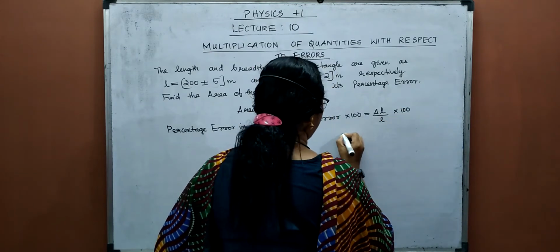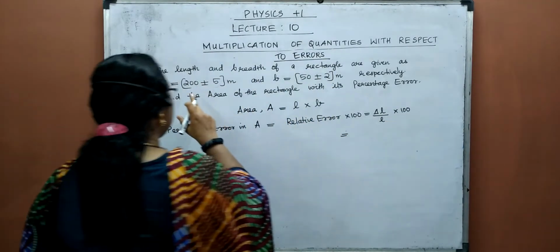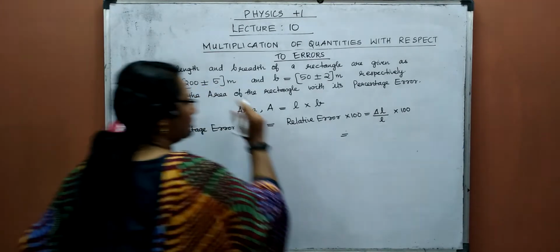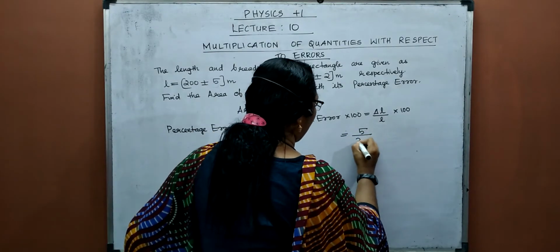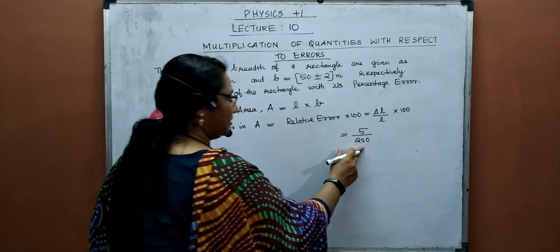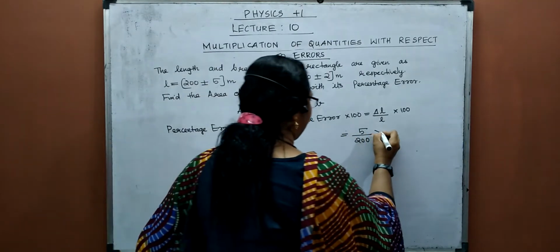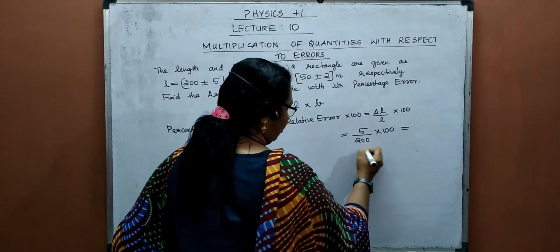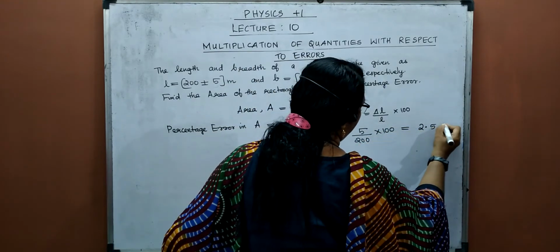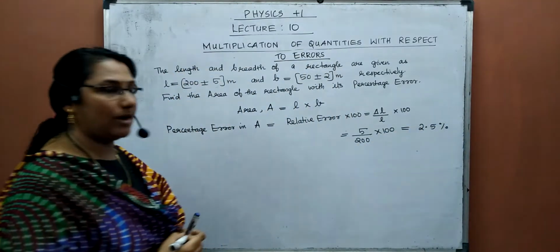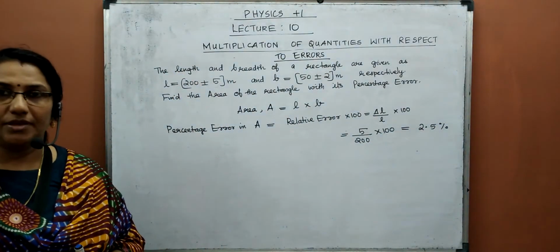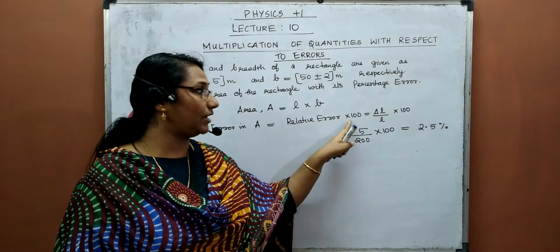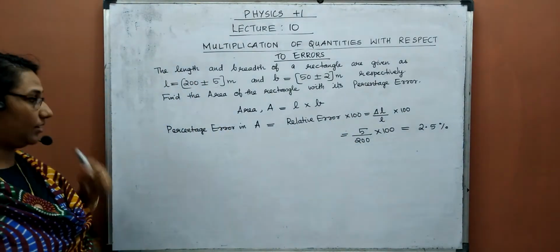When 200 meter is measured, 5 is the error, so delta L is 5 for 200, into 100. Cancelling 100, we get 2.5 percentage. So the percentage error in length is 2.5 percentage. Relative error into 100 is called percentage error.